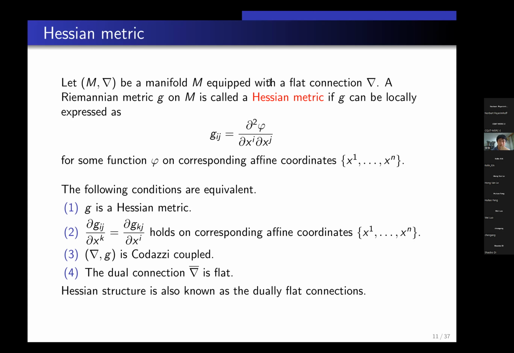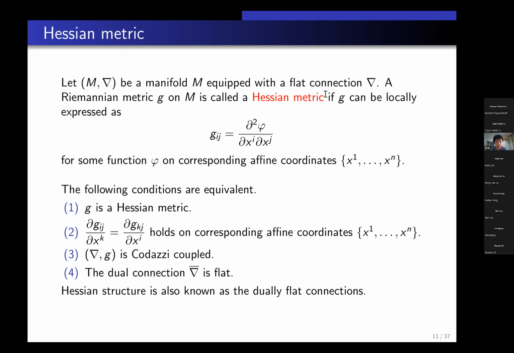So we start with an affine manifold, right? We have a manifold with a flat connection, and a Riemannian metric on this affine manifold is called Hessian if this G could be locally written in terms of the Hessian matrix of some function phi on the affine coordinates.